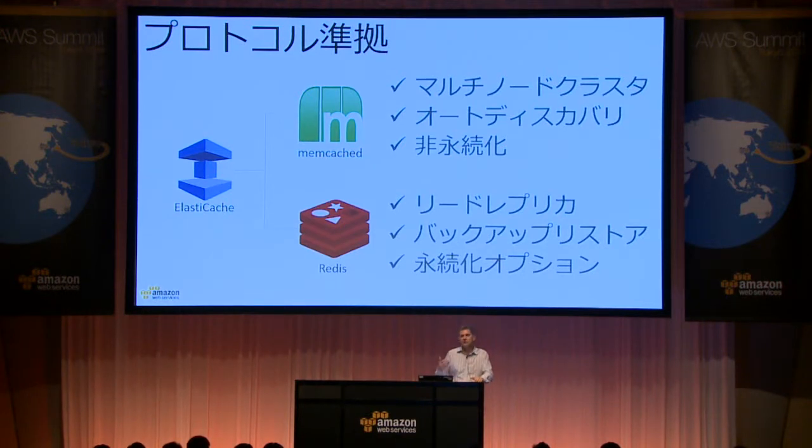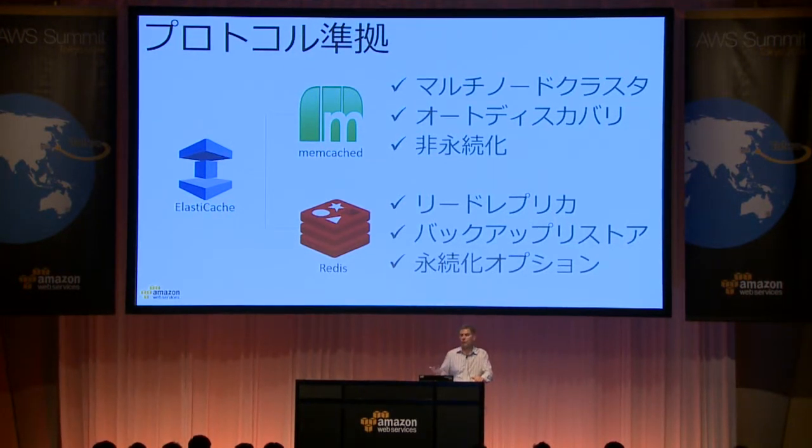On top of that, we like to extend these products a little bit more. So as well as the benefit of multi-node clusters in Memcached, we've introduced features like auto-discovery, and that enables you, through a client library, to basically add nodes to a cluster to make it bigger and have those nodes be recognized automatically by the clients and therefore used.